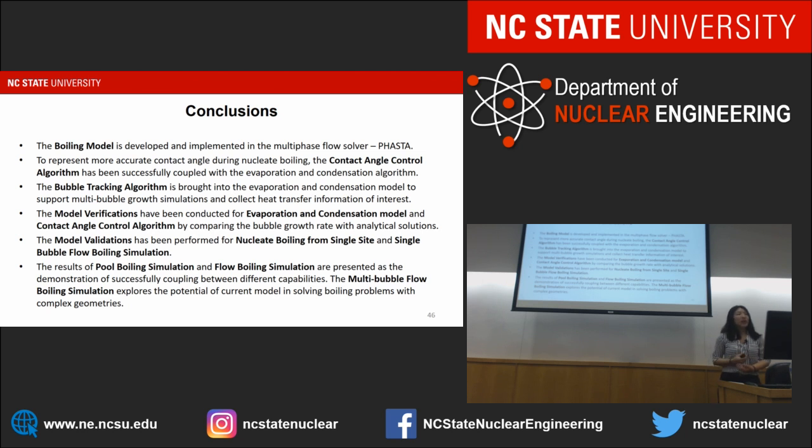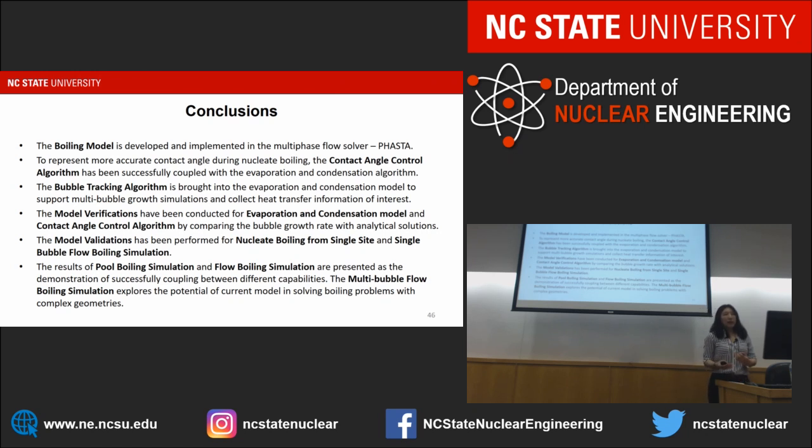The model verification and validation has been done for these boiling models. We also explored the potential of these models in simulating pool boiling and flow boiling. And the multi-bubble flow boiling simulations show the potential of the current model in solving boiling problems with complex geometry.